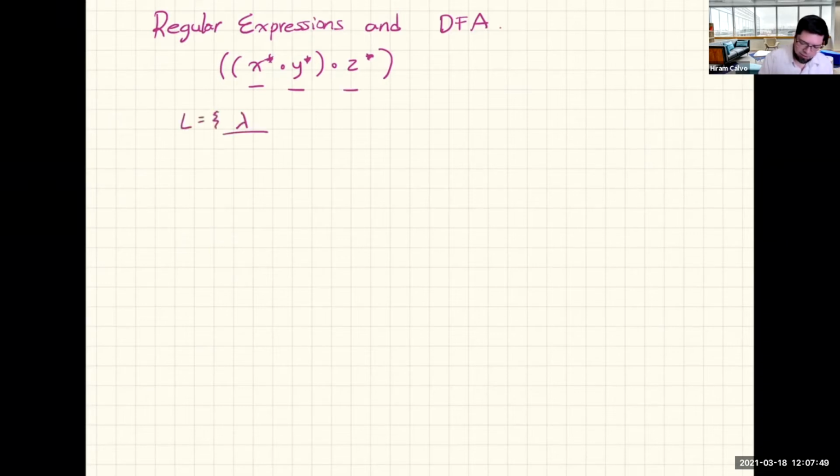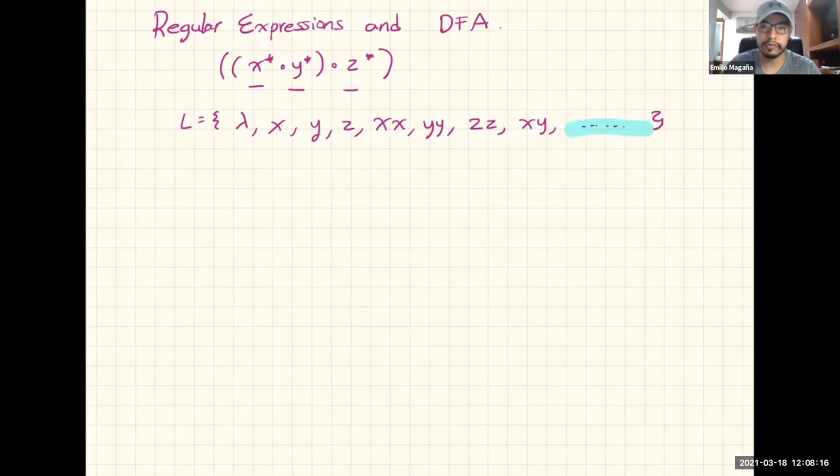So the language would be conformed by lambda, and then perhaps one occurrence of X, one occurrence of Y, one occurrence of Z, or maybe two occurrences of X, two occurrences of Y, two occurrences of Z, or even some combinations of them, a lot of combinations, right? So this is an infinite language. That's why it's very important to say etc. with some small dots here.